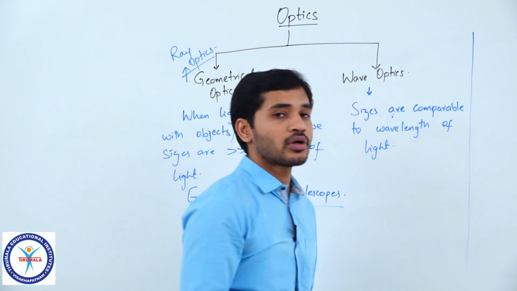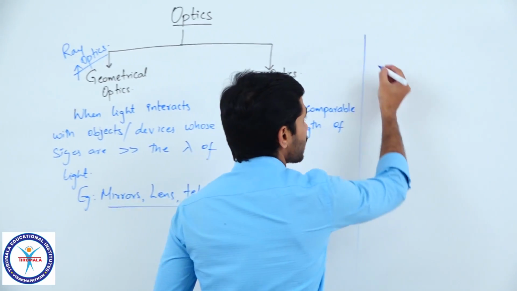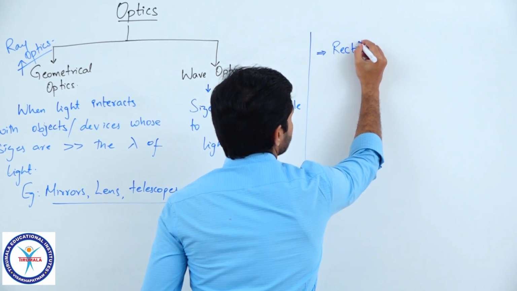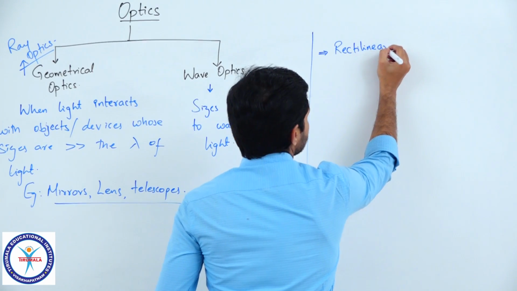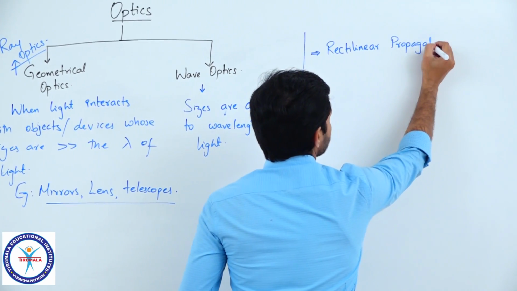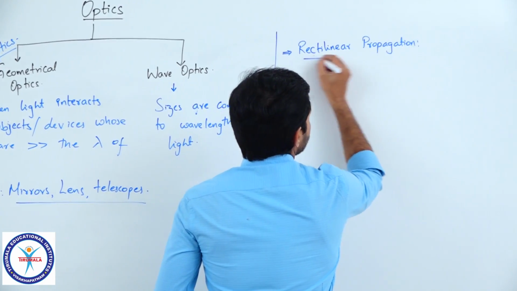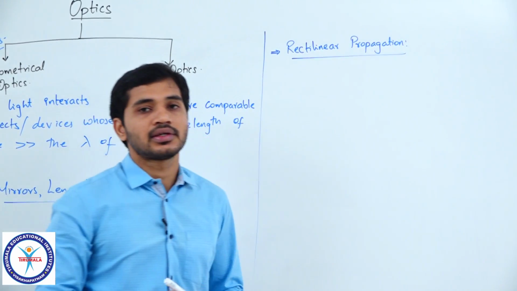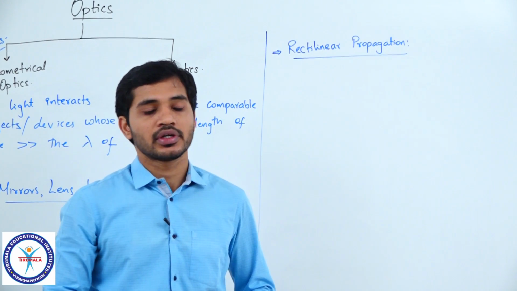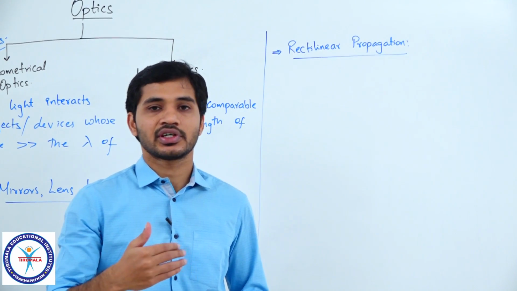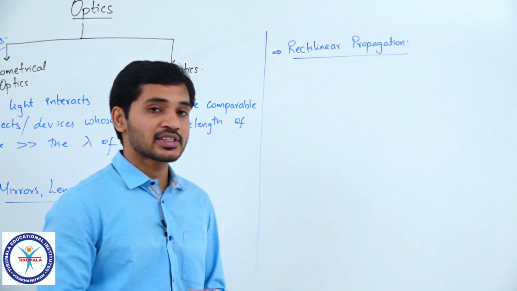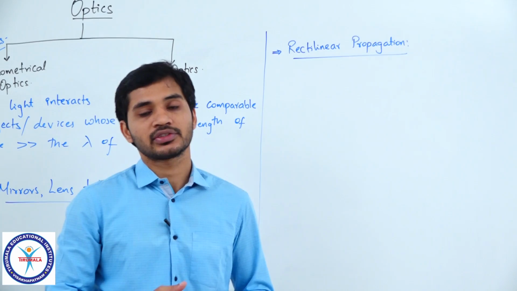Now let us first talk about one important property of light, which we call rectilinear propagation. Rectilinear propagation basically means that light always travels in straight lines from one point to another point. Whenever we consider a medium which is homogeneous and isotropic, in such a medium there is no bending of light that is going to happen.